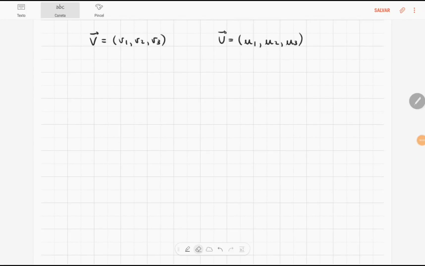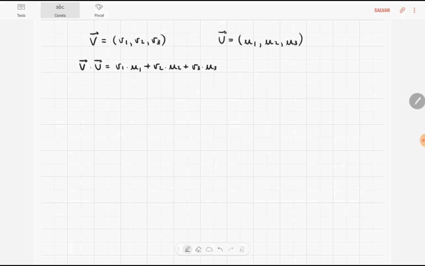Let V and U be two vectors in space. We know that the dot product between V and U is given by V1 times U1 plus V2 times U2 plus V3 times U3.